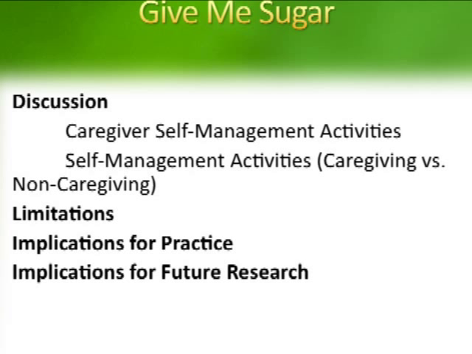I can't remember what I did a week ago, let alone 2 to 3 years ago. Also, the caregiver group's questionnaire was longer than the non-caregiver group due to questions regarding caregiver status and self-management activities before and after initiation of caregiving. We don't know if it was too lengthy and if that had any impact or not.